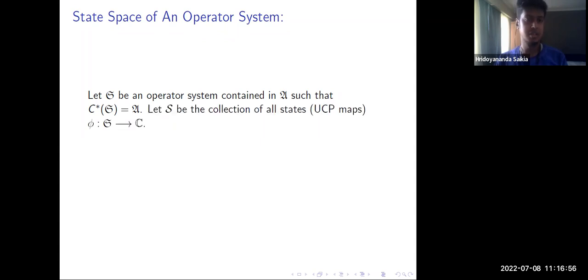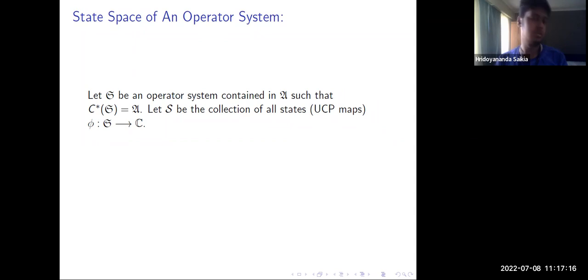So let S be the collection of all states. That means the UCP maps. Whenever I'm saying states, that means UCP maps P from the operator system S to the complex plane.